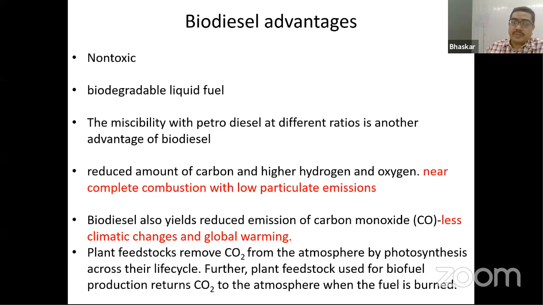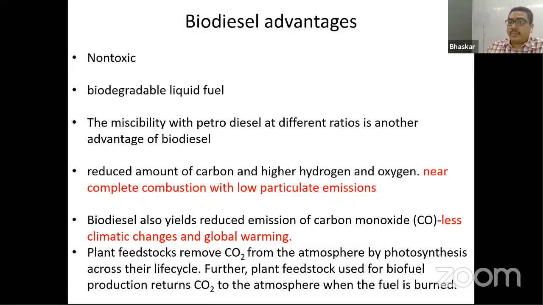It's highly miscible, so it can be used at any ratio with the mineral diesel, and it has reduced carbon and higher hydrogen. So its calorific value is a bit less. But because of this oxygen content, it has got better combustibility.